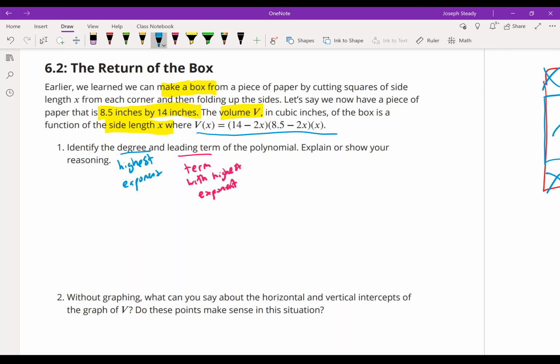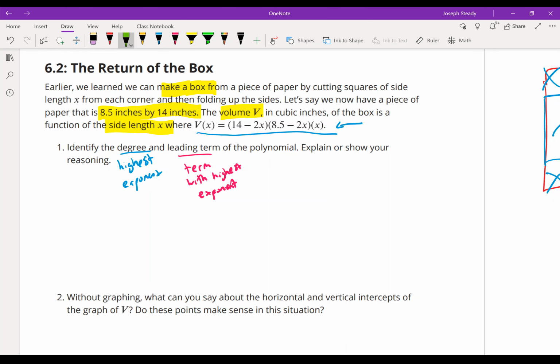Now we have this polynomial here. In order to find the highest exponent and the term that has it, we could distribute this entire polynomial. Or, and this will be a lot faster, we can take the term in each factor that has the highest power of x in it and just multiply those.